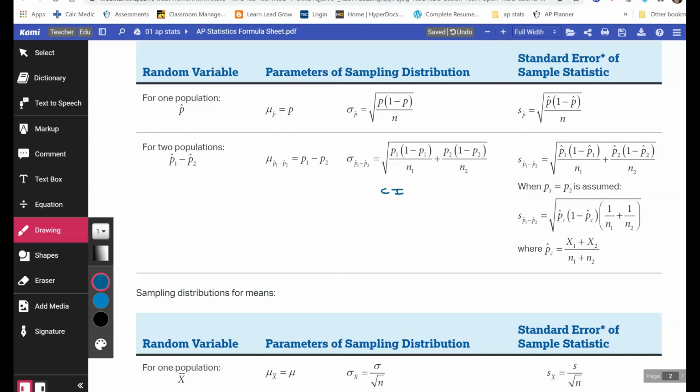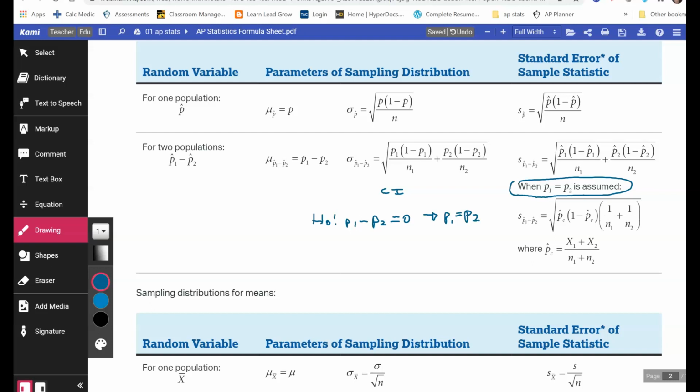Instead, we pool, and we pool because in our null hypothesis, we are assuming that P1 minus P2 is equal to 0, or in other words, that P1 is equal to P2. So therefore, our variations have to be the same, and we do something called pooling.